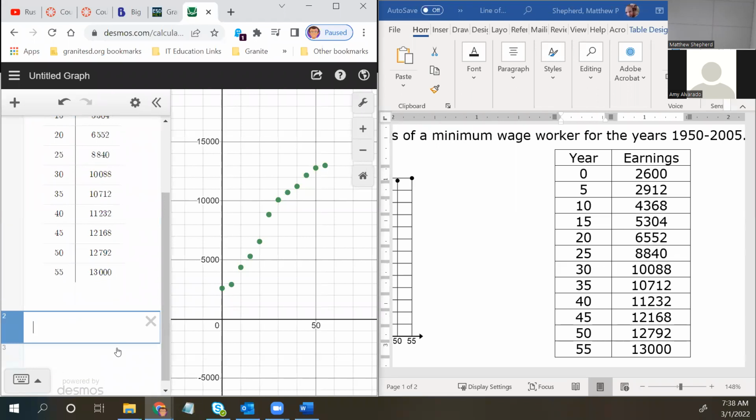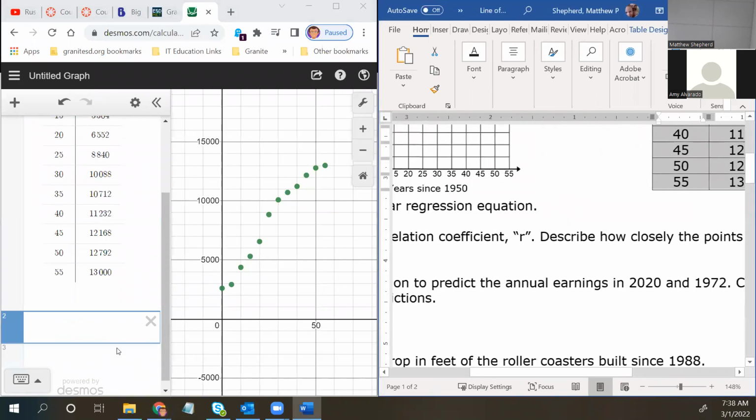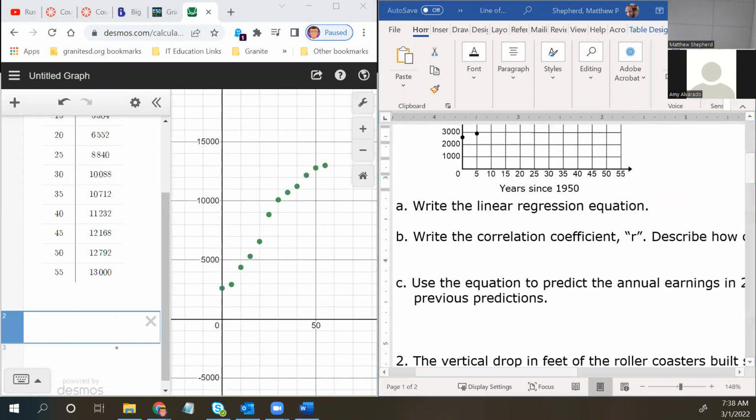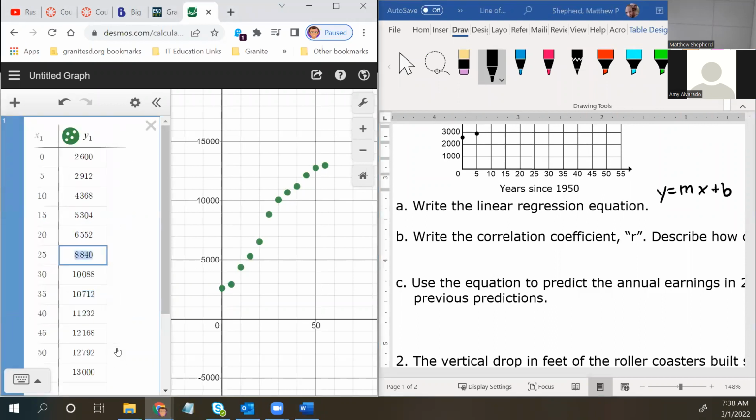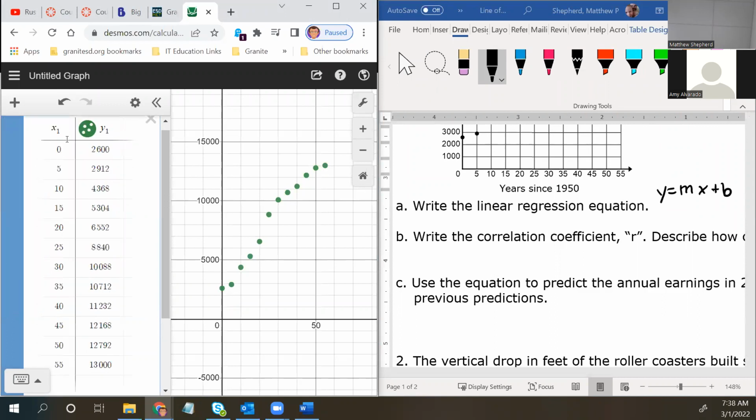A linear equation is usually done by doing y equals mx plus b. Now, we are going to do something similar with this. Notice that over here, it's not using x and y, it's using x1 and y1.